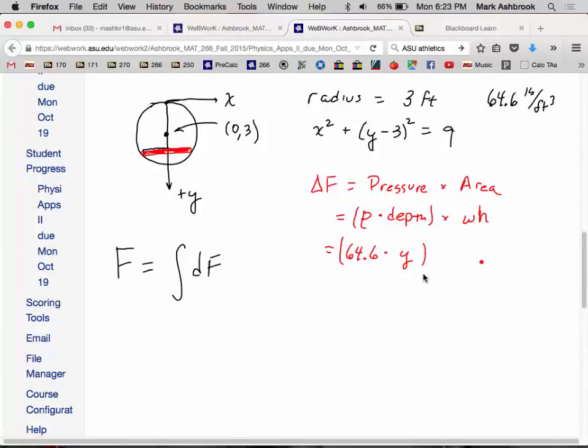And then the width of this thing is 2x, right? From here to here is 2x. And the height? Delta y. So there's the area of our little rectangle. So this is the basic setup. All we have left to do is get x in terms of y.